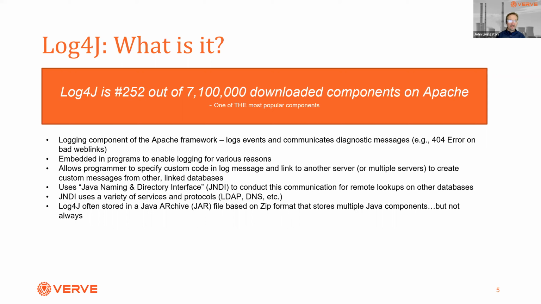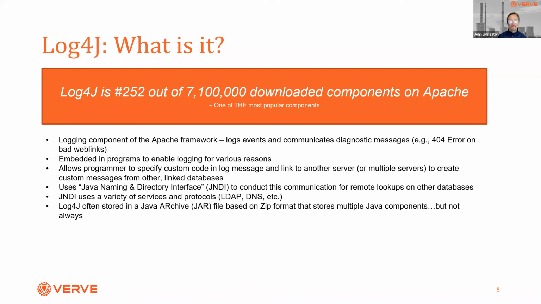So what does it do? It is essentially the logging component of the Apache framework. It logs events that are happening in that software and then communicates that log and that message to the user or to others in the organization.